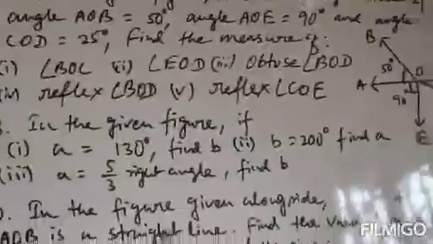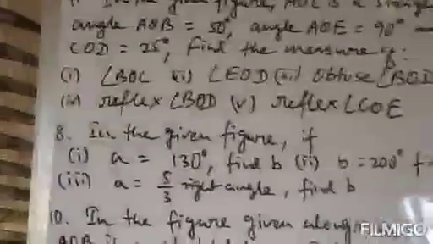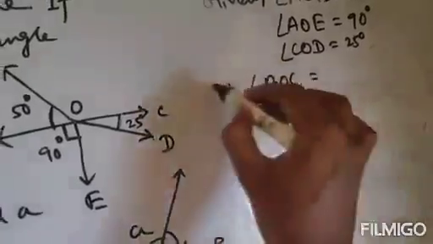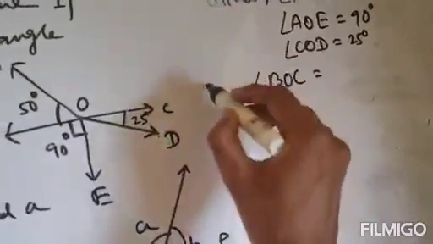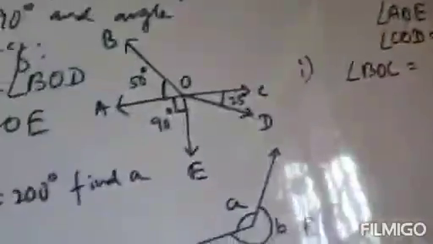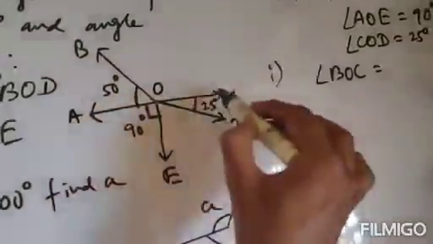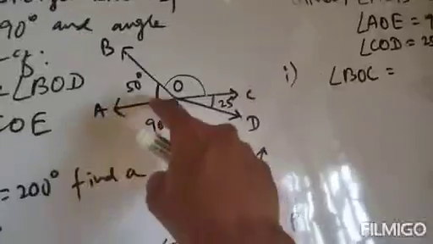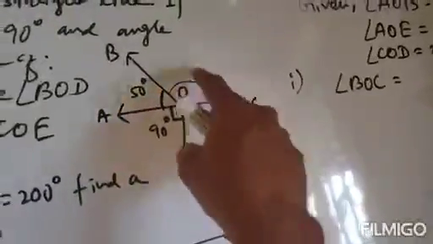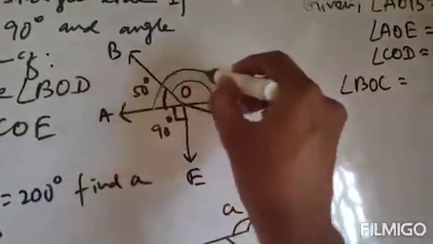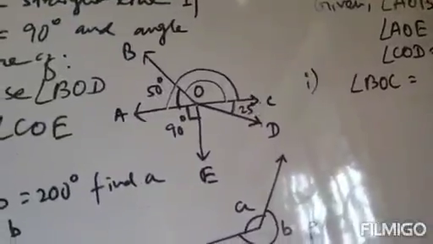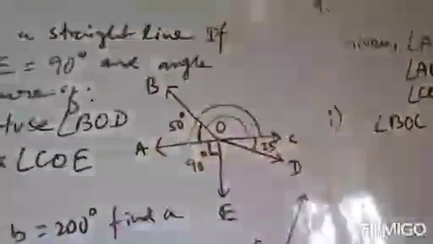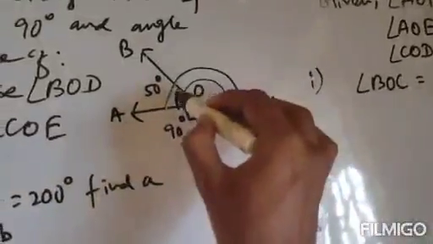Okay, so the first question is to find the measure of angle BOC. Now BOC means this angle. See, this total angle is a straight line, that means a straight angle, which is 180 degree, and we know that this part is 50 degree.